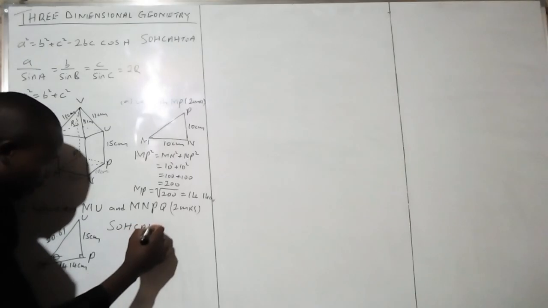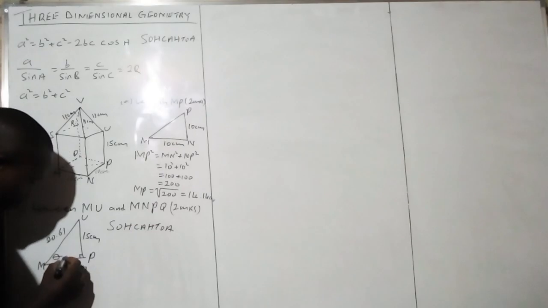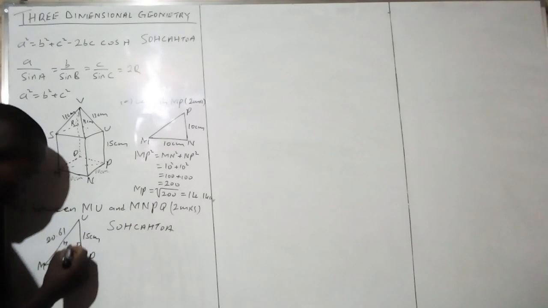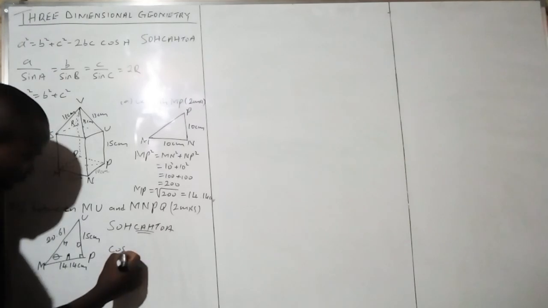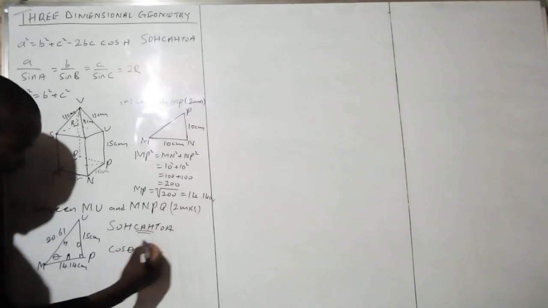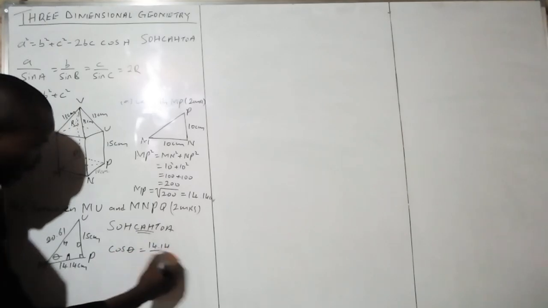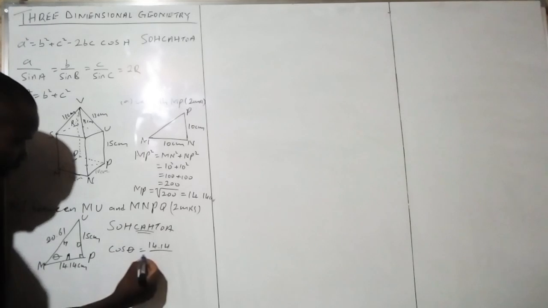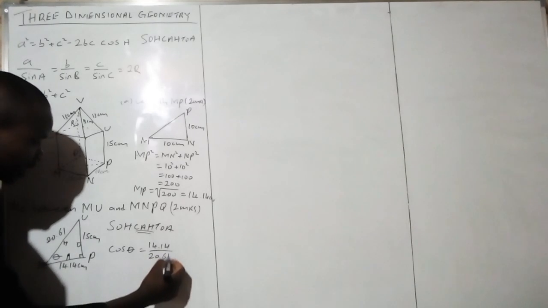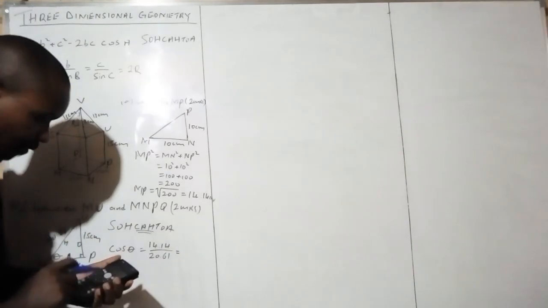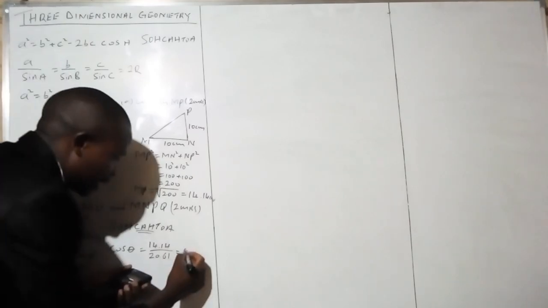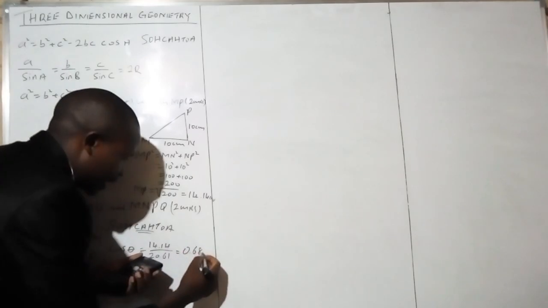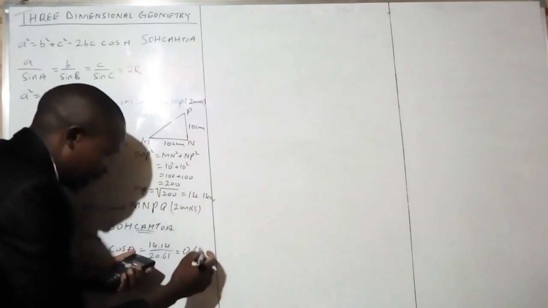SOHCAHTOA. This side will be adjacent, opposite, hypotenuse. We can use cosine. Cos theta is equal to adjacent 14.14 all over hypotenuse. Hypotenuse is 20.61. You divide 14.14 by 20.61 to get 0.68607.